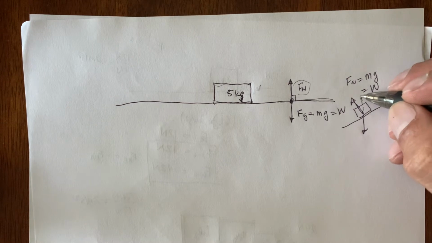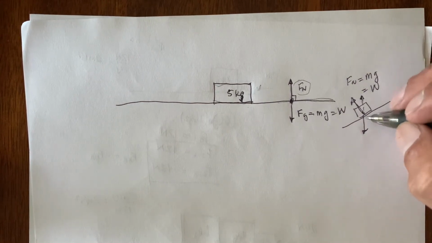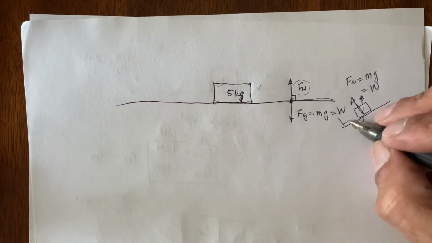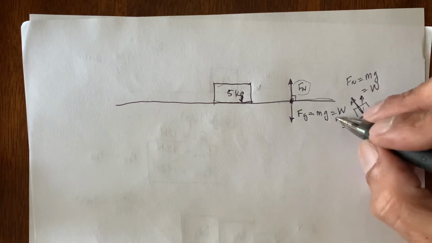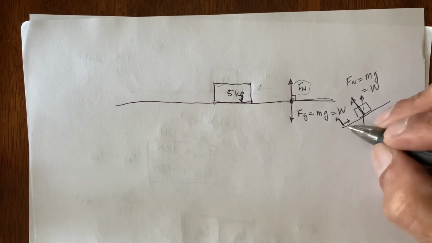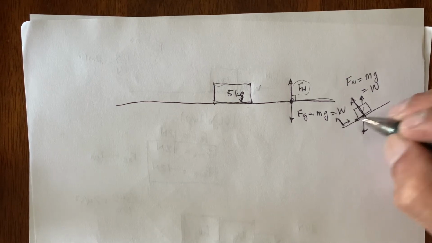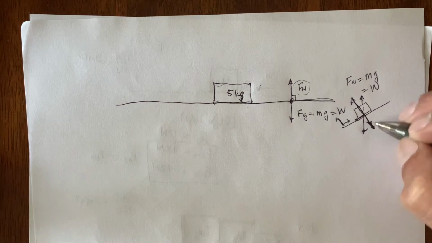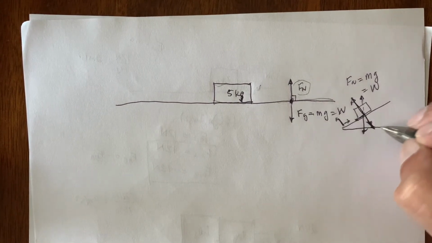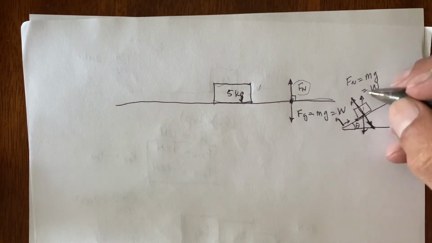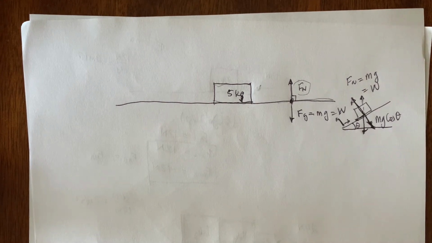If I use this as my axis, the normal force is right on the y-axis, and gravity has two components, one this way and one that way. And it's this component that's going to equal the normal force. If you go through the little trig with it, it ends up being mg cosine theta. So that becomes your new normal force if it's at a tilt.